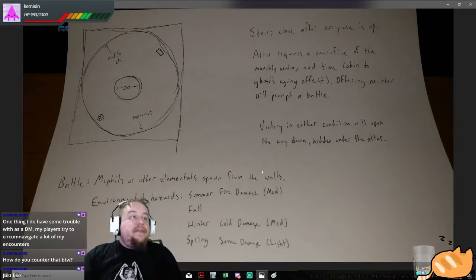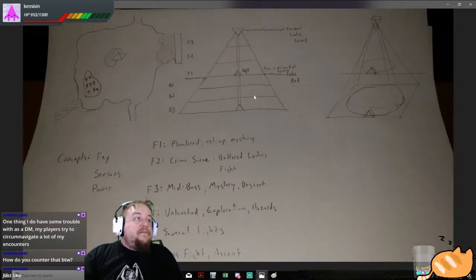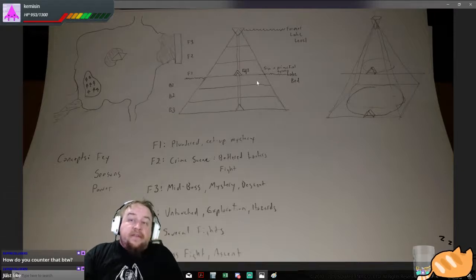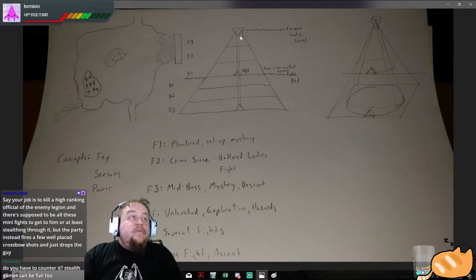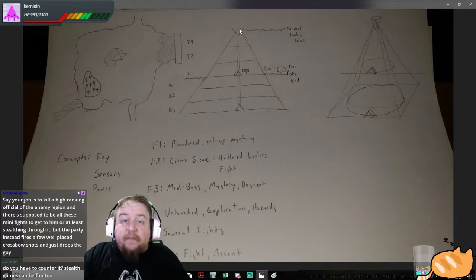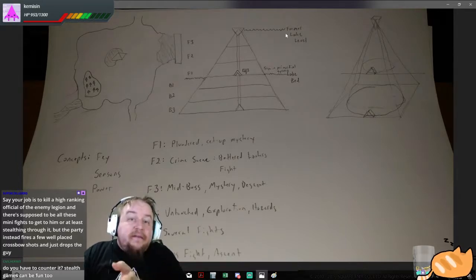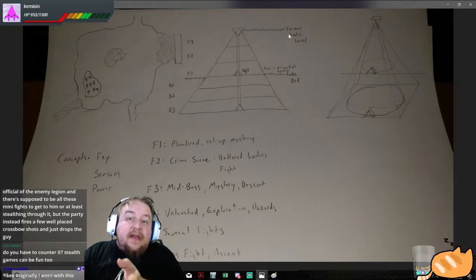Although while he's doing that, this was the setup that I have for the pyramid so far. Okay, here's our 3 floors, and then there's a basement. Now, if you just want to keep it at that, and then they win, they can go back up and escape. You can cut your dungeon off right there if you really want. What I'd like to do is take a 5-10 minute break, and then come back.